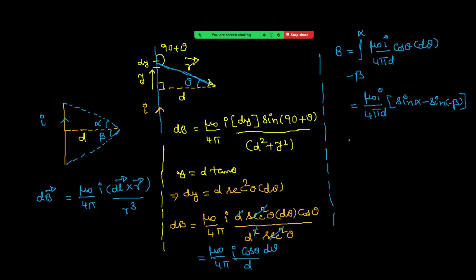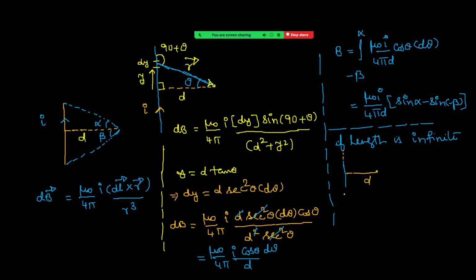That means if the length is infinite, then we are taking a current carrying wire whose length is up to infinity. So we want to calculate now at a point somewhere here, distance d.